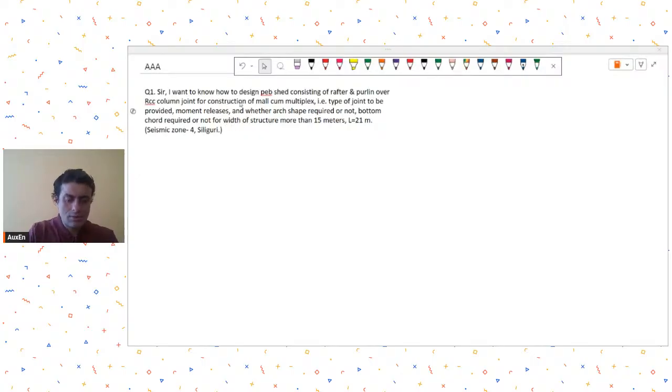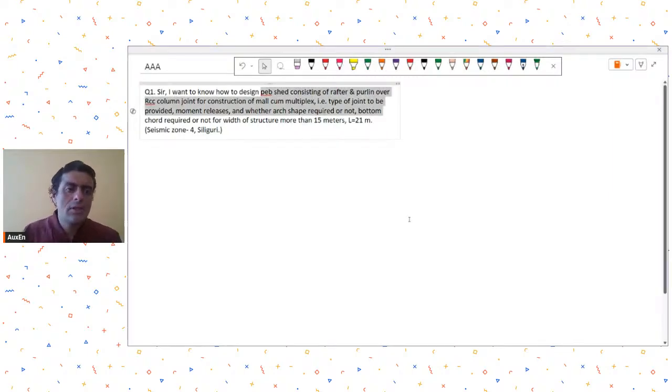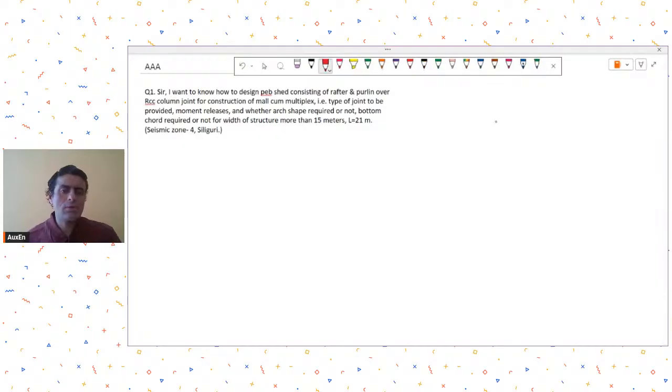He has also shared one image. Let me just open that image. Okay, no image has been shared. So, how to design a PEV shed consisting of rafter over RCC column. What he's saying is that he has an RCC column.